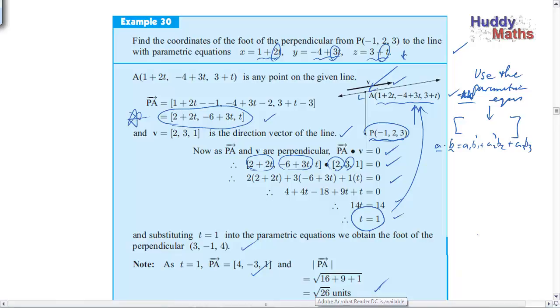So a general point on a line is represented in this 3D work by the parametric equation. So x is that in general, y is that, and z is that. So this is very important now. In further work later on as well, if you're looking at finding a point which could be anywhere on the line, you let it have that parametric form, and then hunt for t to lock it in.